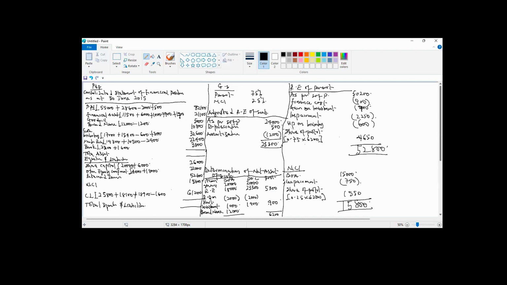What is the figure? So I got 177,800 for total assets. Let's go to the equity and liability. Okay, sir. 177,800.